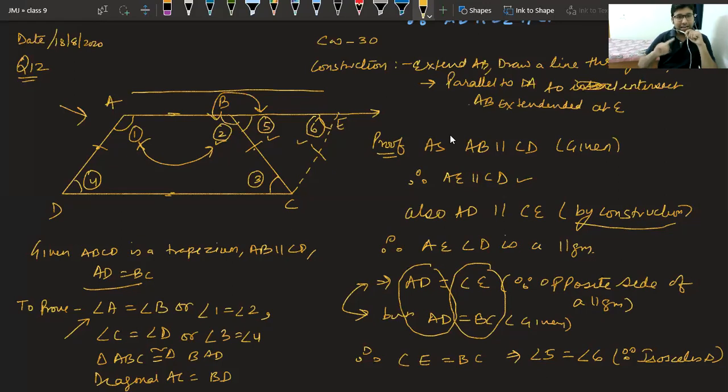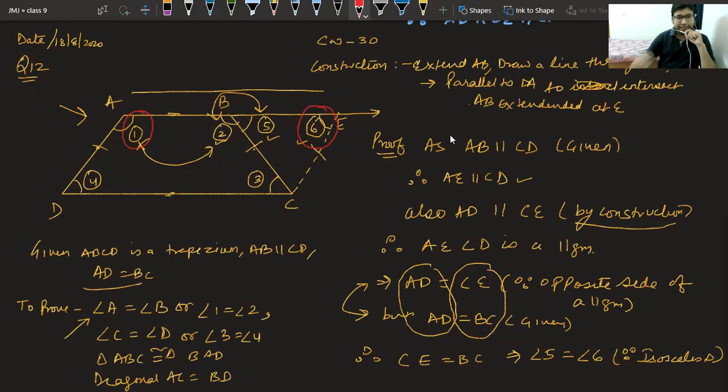For that, I have to understand what is the relation between 1 and 2 and 5 and 6. So Parky, I got that this angle 1, let me take a red pen, and this angle 6 are forming adjacent angles of a parallelogram, so they are supplementary. Is it okay, Parky?